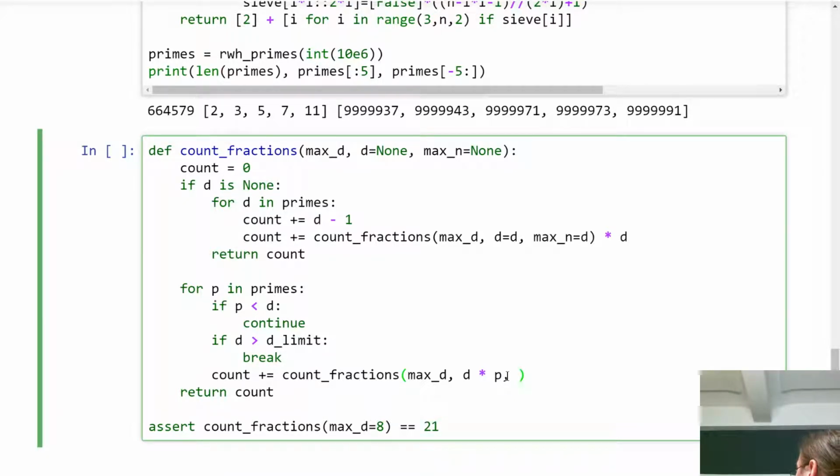That means the n becomes the prime times the n of x divided by the prime.